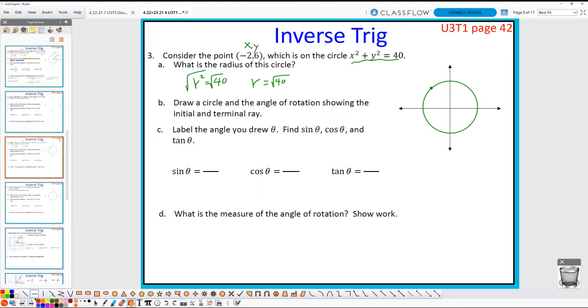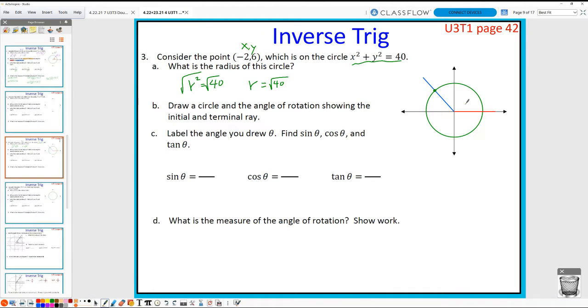What is important is, again, my initial ray starts here, and my terminal ray goes from the origin through the point. And again, the theta that I have is going to be this right here, from where I start to where I end.